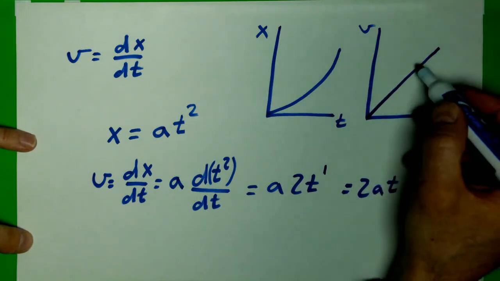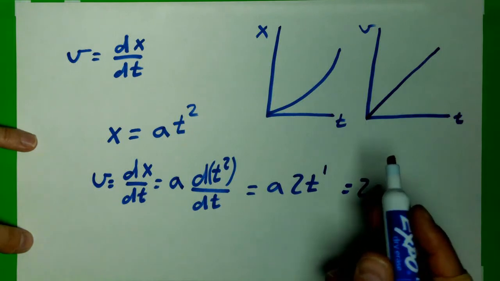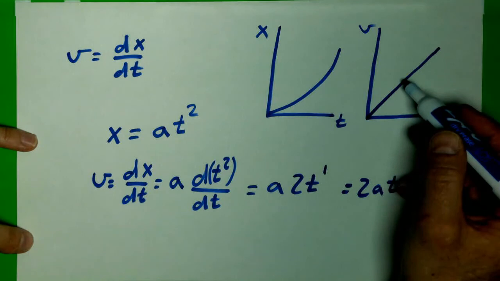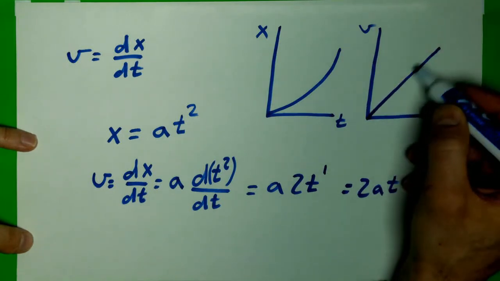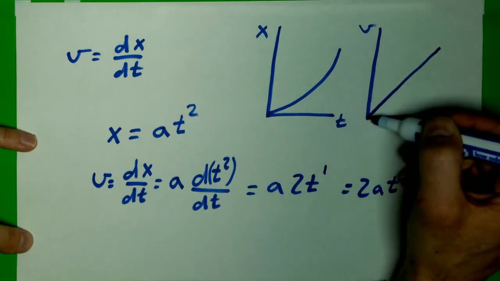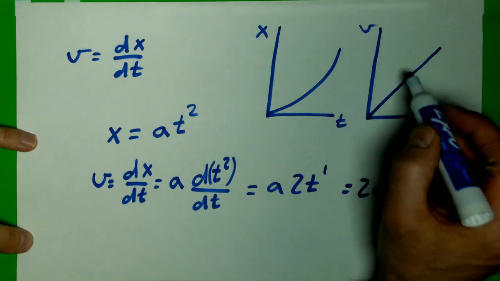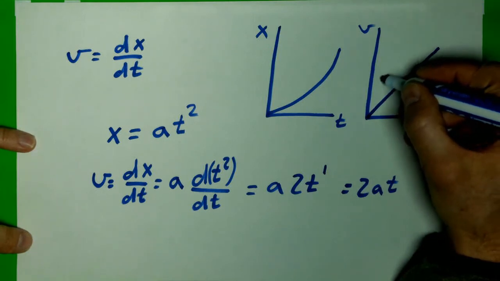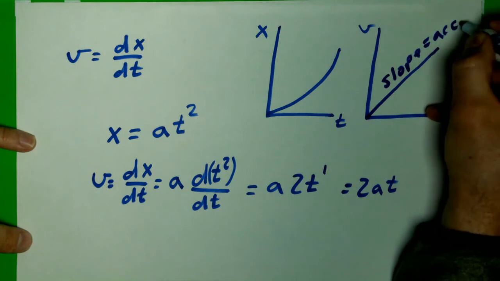Well, that's interesting, because acceleration is to velocity as velocity is to position, and we can see that from this line. That means if the slope of velocity is constant, okay, that means the acceleration value is constant, and so we get to kind of hint now at what acceleration is. The slope is equal to the acceleration.